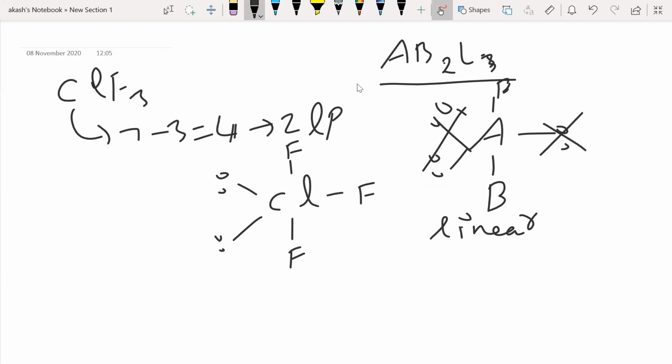And examples. Now this is a tricky example. Since you have completed your P block elements, I think you should be able to give me an answer for this.